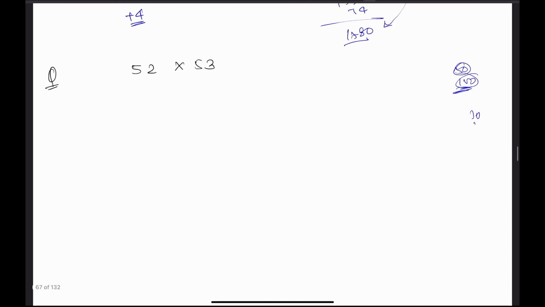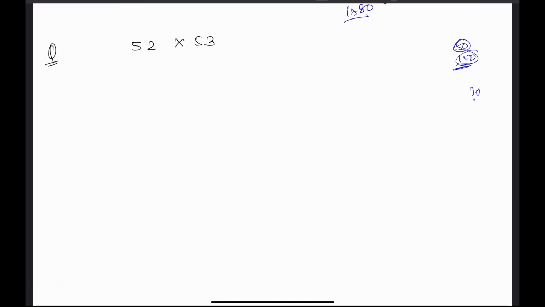Let's try to solve one example. This 52 into 53, same one which we did right now. So 52, 53. This is plus 2, this is plus 3. So plus 2 plus 3 into it is becoming 6, and we know two digits are done because we are making 100, but we are using 50, but we are taking in the multiple of 100 times.